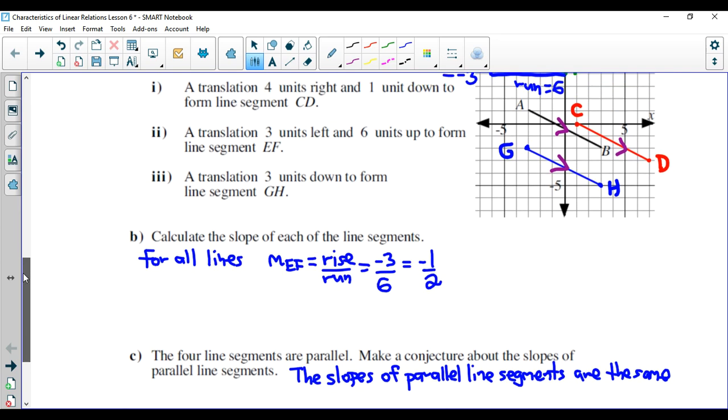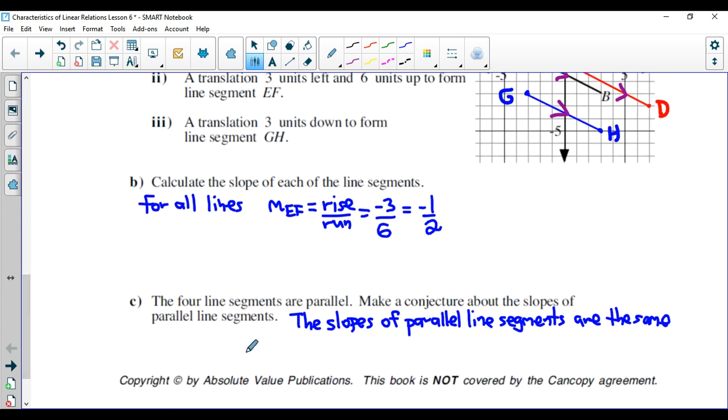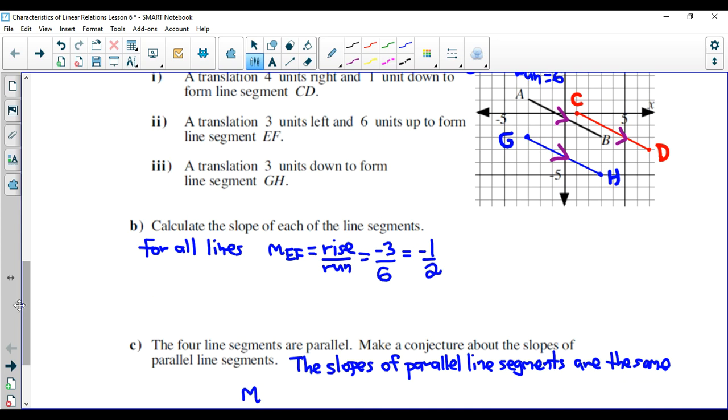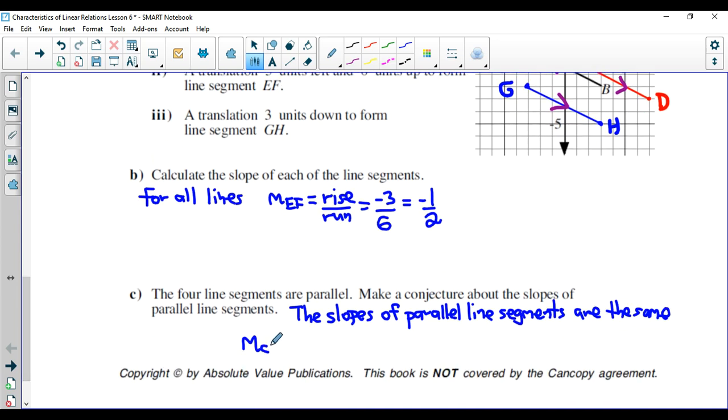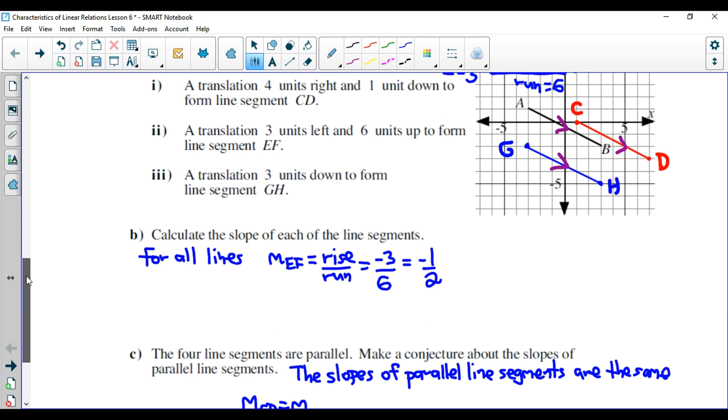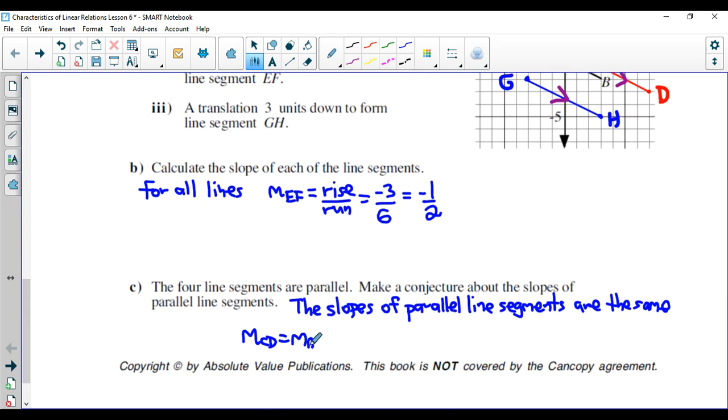Therefore, if the slope of line segment EF is -1/2, then I can say that m of line segment CD is equal to m of line segment AB is equal to the slope of line segment GH, which is equal to the slope of line segment EF.